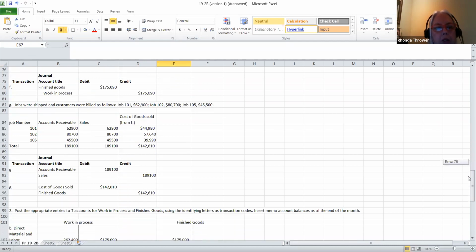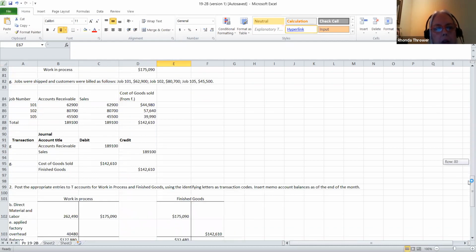But getting back to the journal entry for G, we're creating two journal entries because in a perpetual system, we need to record the amount of the sales, and we also need to record the amount of the cost of goods sold. So my accounts receivable total was $189,100.